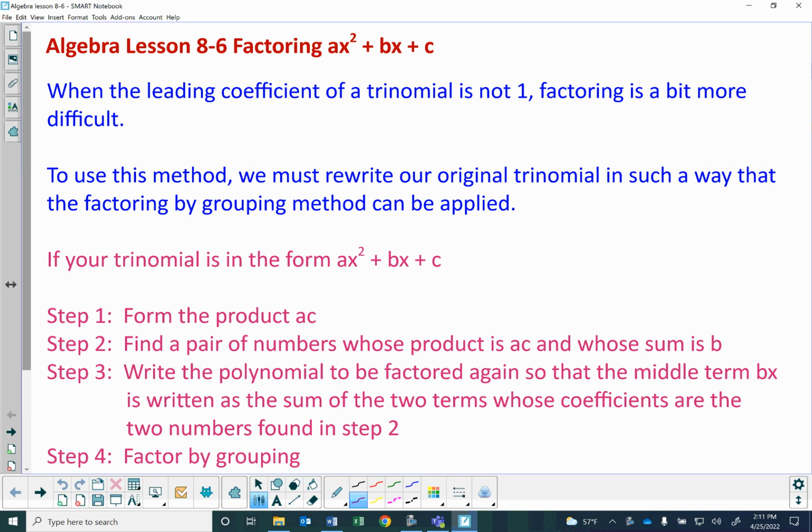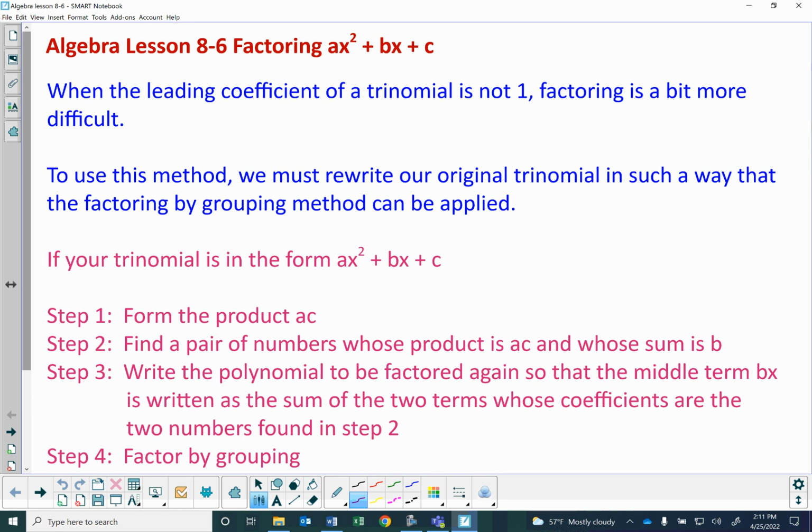We're going to use a special method where we must rewrite our original trinomial in such a way that factoring by grouping can be applied. So, if your trinomial is in the form of ax squared plus bx plus c, your first step is to form the product of a times c. When there wasn't a leading coefficient, you had the product of c. Now we have the product of a times c.